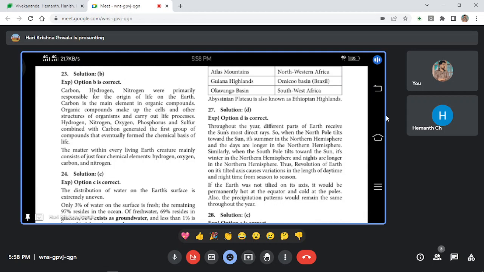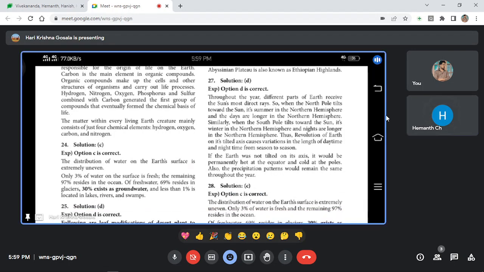Thus, revolution of Earth on its tilted axis causes variations in the length of daytime and nighttime from season to season. If the Earth was not tilted on its axis, it would be permanently hot at the equator and cold at the poles, and the precipitation patterns would remain the same throughout the year.